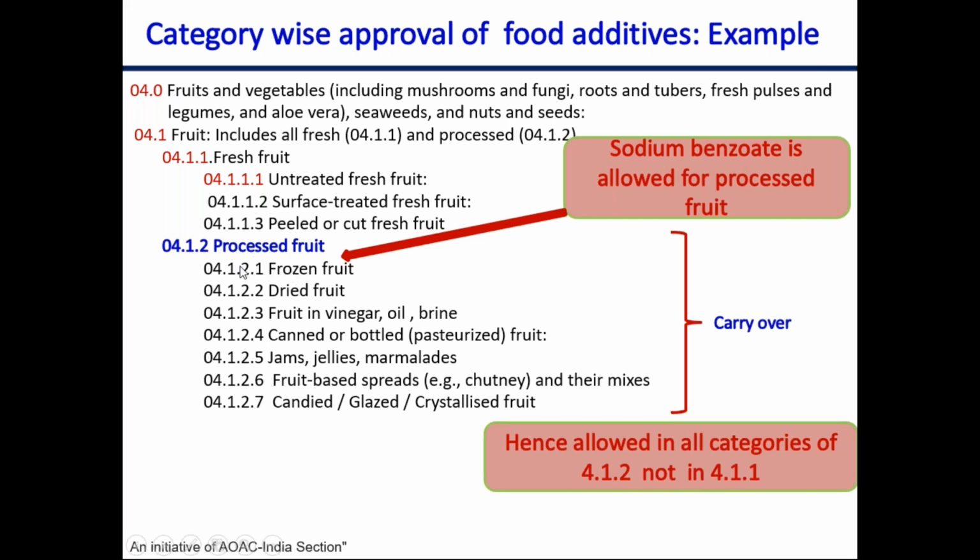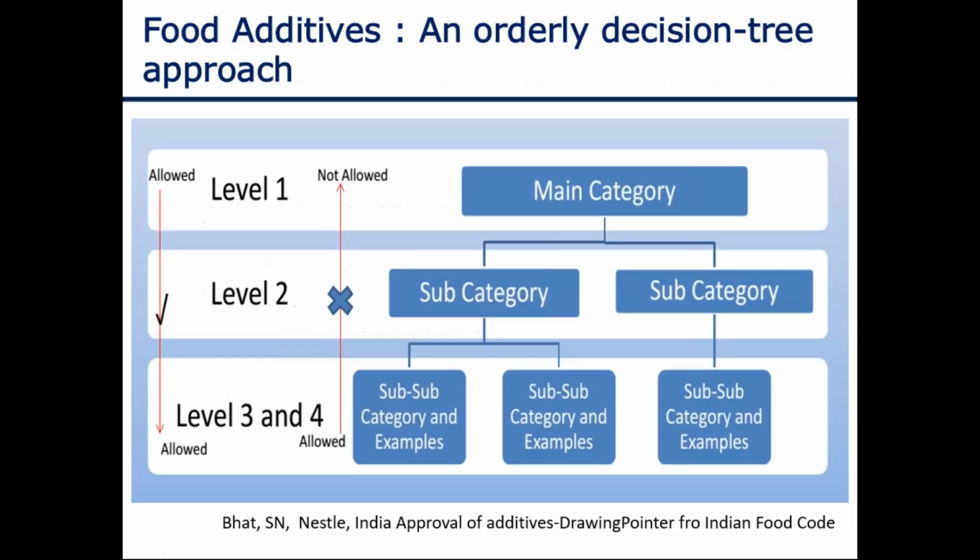So therefore, it is allowed in all the categories of 4.1.2. However, it is not allowed in 4.1.1 or any category of 4.1.1. So this is what I explained to you about this subcategory and this subcategory.